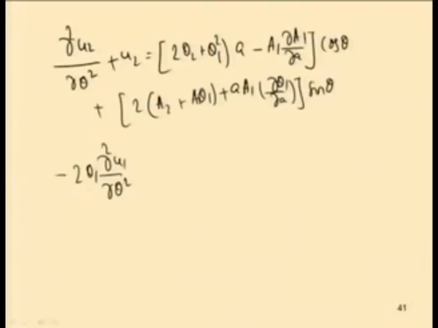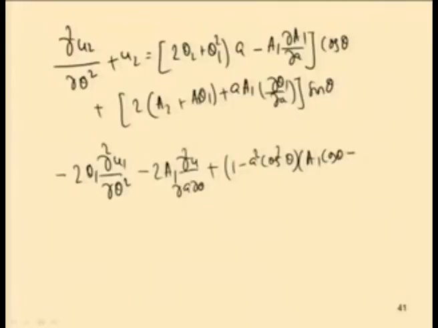Here we can write it again in this form, that is 2 theta 1 del square u 1 by del theta square minus 2 a 1 del square u 1 by del a del theta plus (1 minus a square cos square theta) into (a 1 cos theta minus a theta 1 sin theta plus del u 1 by del theta) plus u 1 a square sin 2 theta.